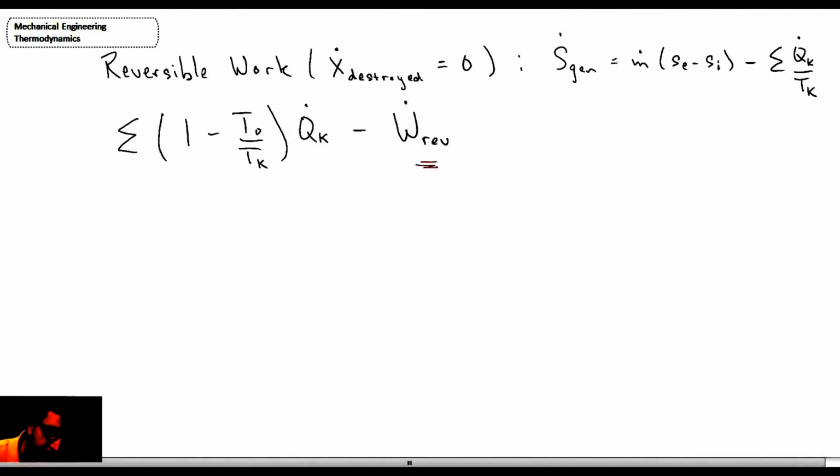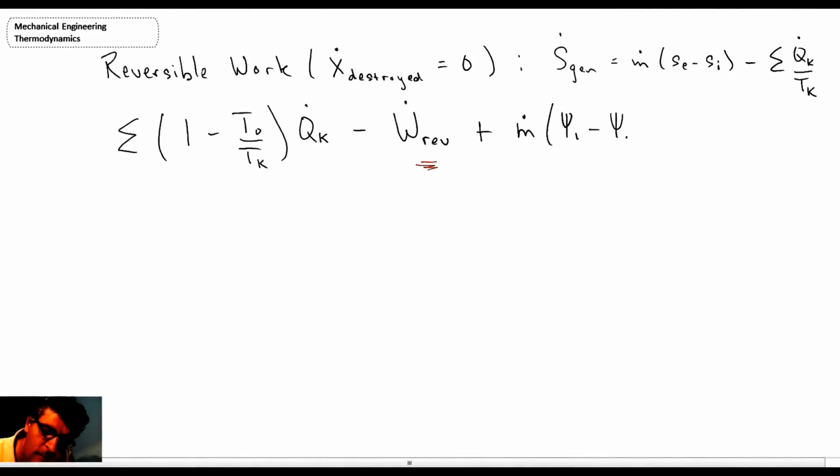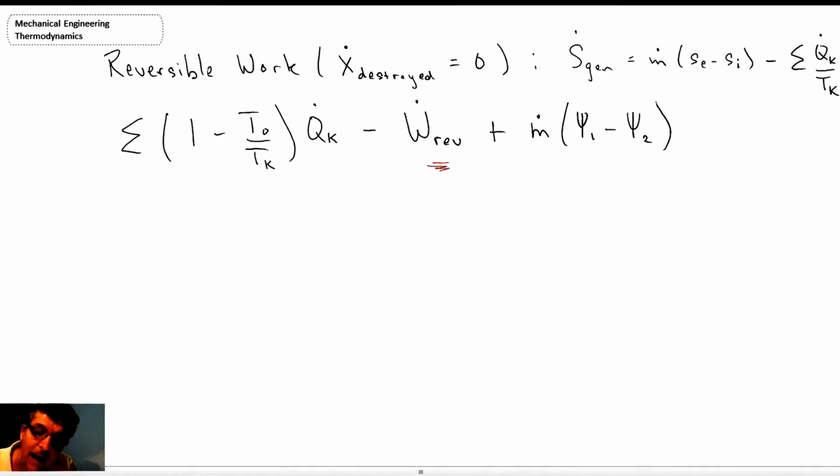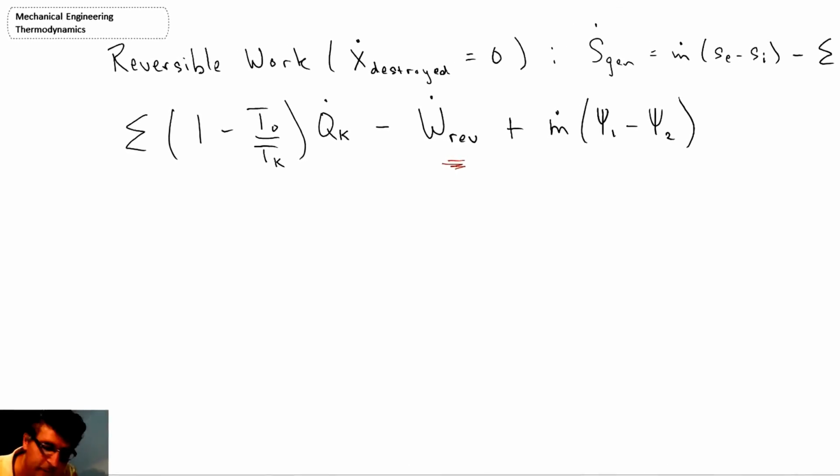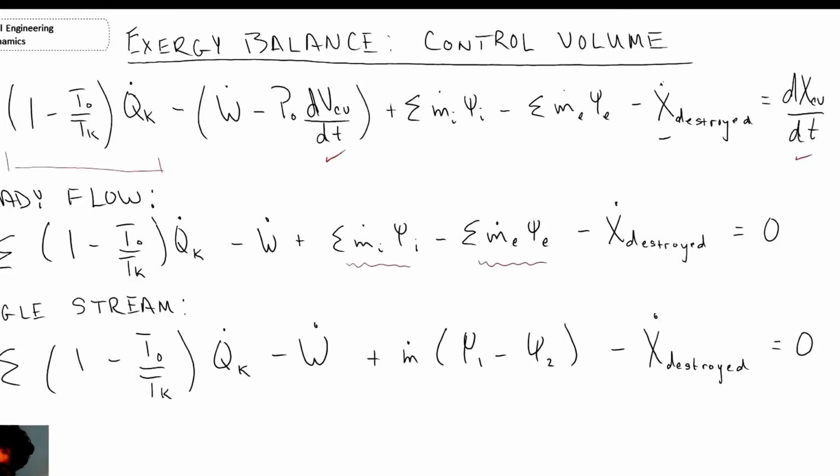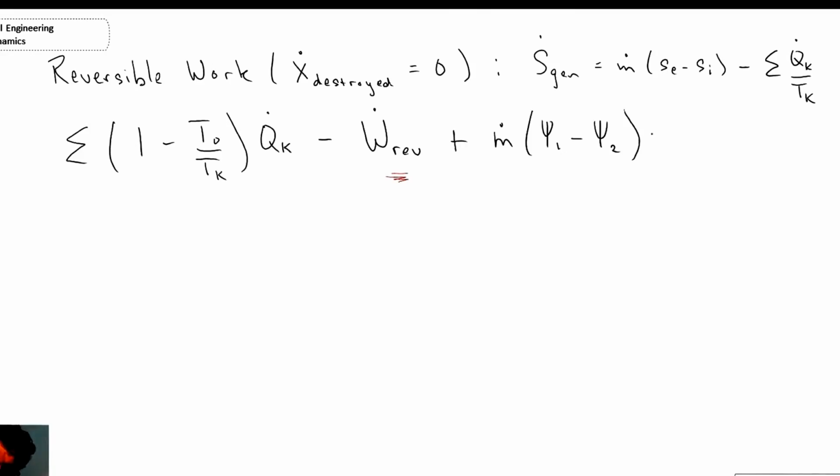I've added a reversible here because we're dealing with 0 exergy destroyed. And the exergy destroyed term is removed from the equation. Oops, sorry. And then all we're left with is that. So that becomes the equation for exergy destroyed is equal to 0.